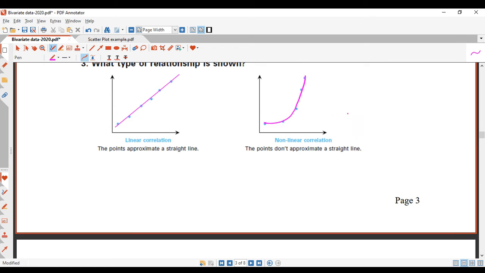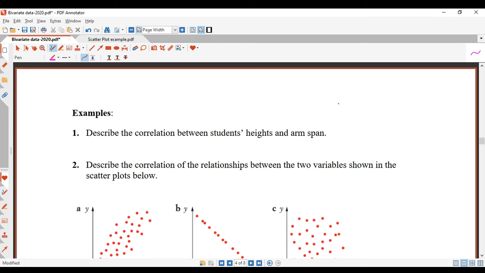So for our first answer, we're going to write down strong, positive, and linear. So three things you've got to consider: the strength, whether it's positive or negative, and whether it's linear or not linear. Let's have a look at these ones below.